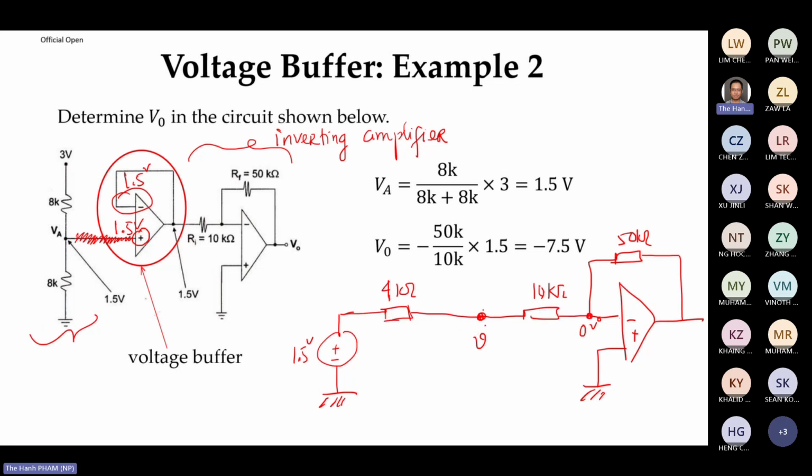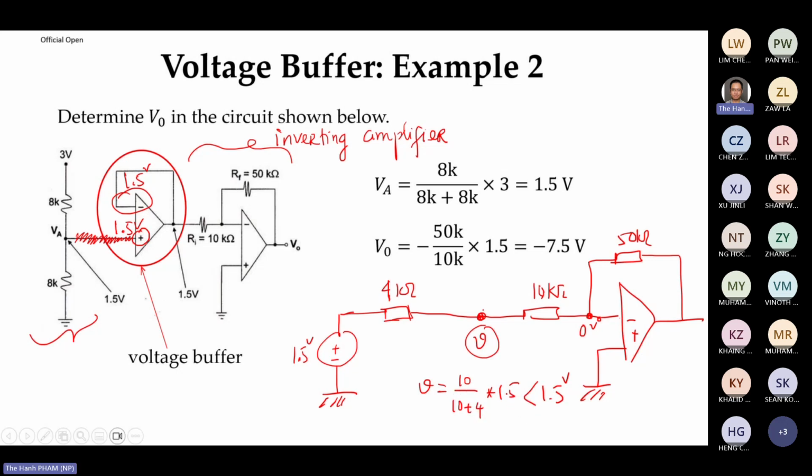So the voltage at this point is 10 over 10 plus 4 times 1.5. So this one, of course, is less than 1.5. Because here I have 1.5 through 4K, through 10K going to ground. So the voltage from here is calculated by this.